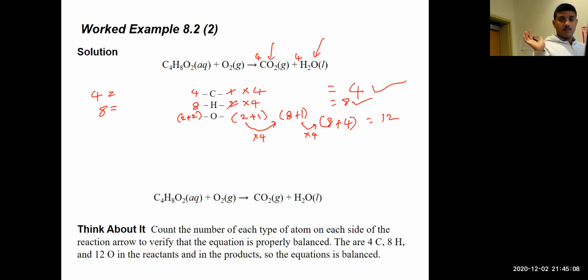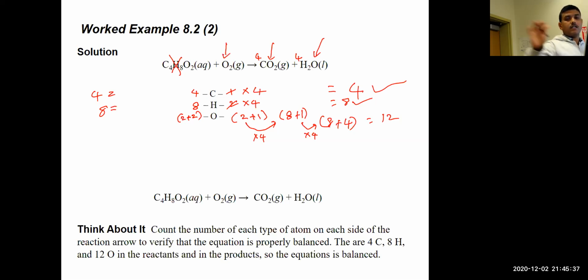I already counted how many total oxygens on the product side. So I need to come up with a way to make sure I have a total of 12 oxygens on the reactant side. And I already said, if you are already done with balancing, you're not going to make any more changes. So I'm not making any more changes there because you're already done with carbons and hydrogen. So no more changes happening there. Only change is possible here.